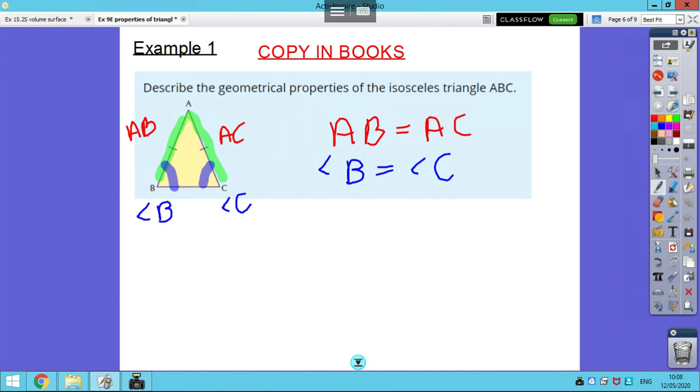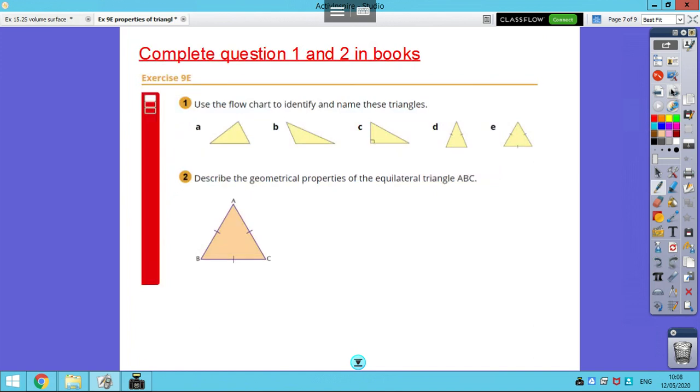So make sure you've got this copied down in your books. Now, here are the two questions I'd like you to do. Very, very simple. First question from exercise, I think it's 9E we're on now. In question 1, I want you to look at the triangles and write and name those triangles.